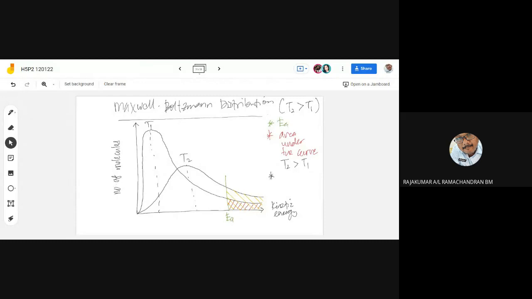At higher temperature, more molecules now have energy greater than activation energy. Why is it so important? Once you overcome the activation energy, eventually you can form product. And that leads to the idea that when the temperature increases, the kinetic energy increases. Now molecules, yeah. Okay. Any problem?